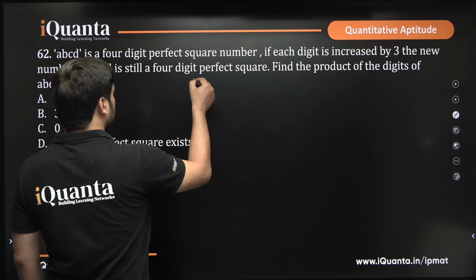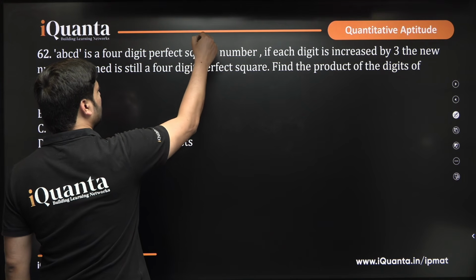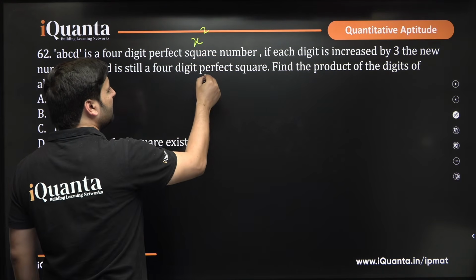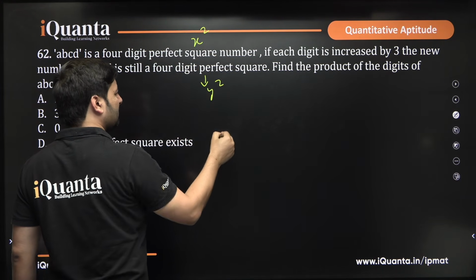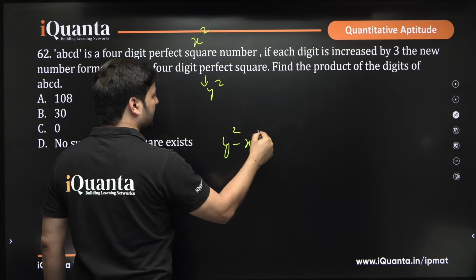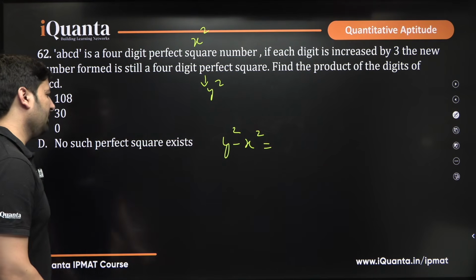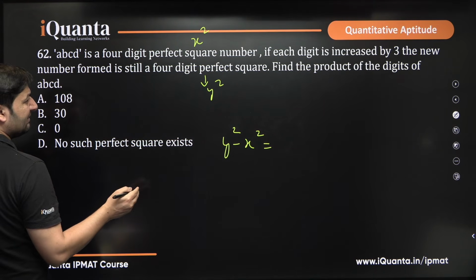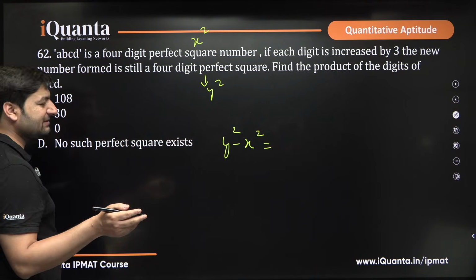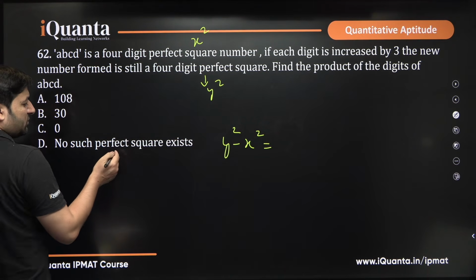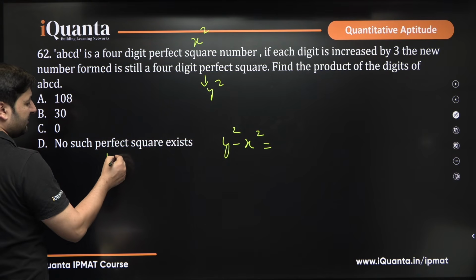So let me say that this first perfect square is in the form of x square, and this will be in the form of y square. So y square minus x square. Obviously, suppose you had a perfect square like 1024.